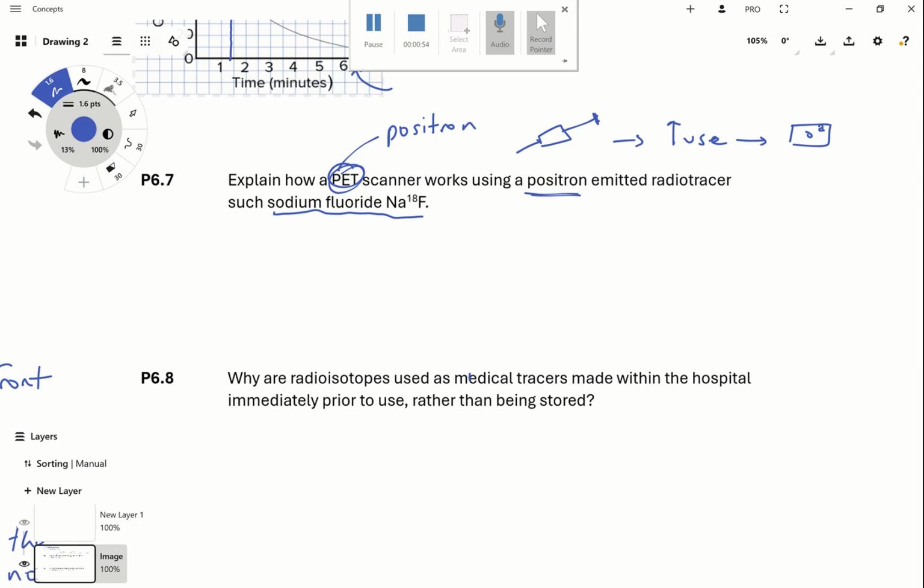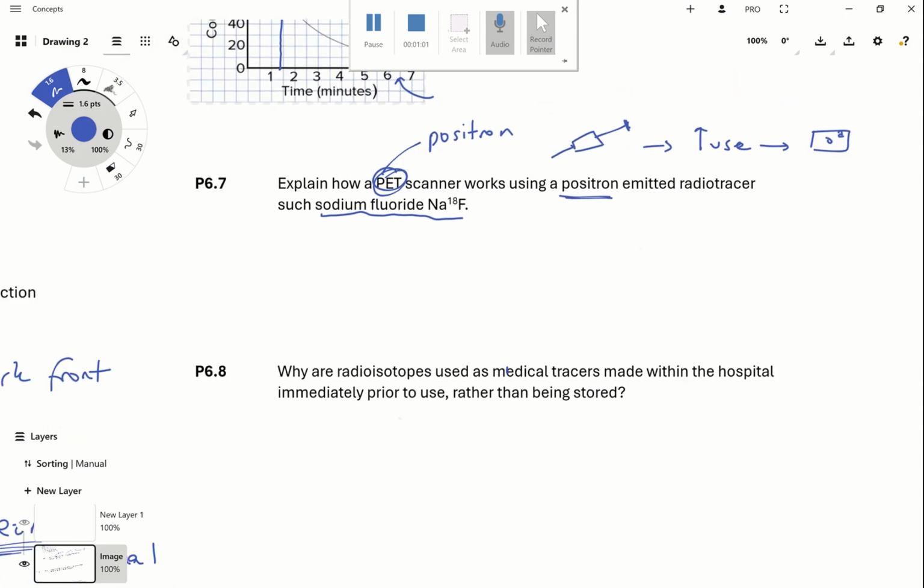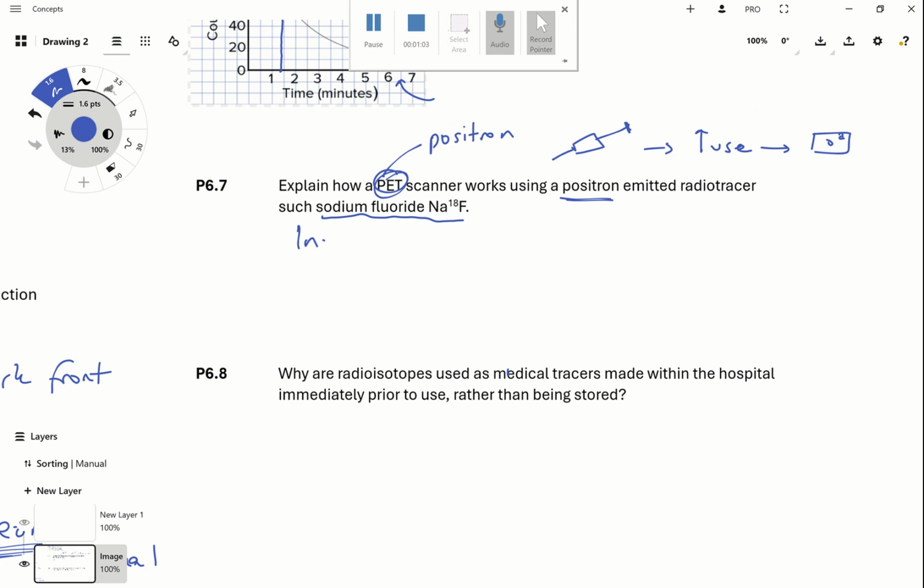Now, to put this into place, remember we've got to talk about how these positrons work. So, explain how it works. Well, we're going to inject the radio tracer. The next part, it will then emit positrons.